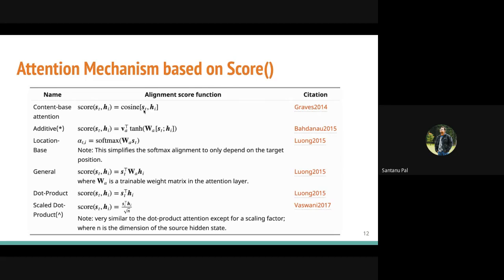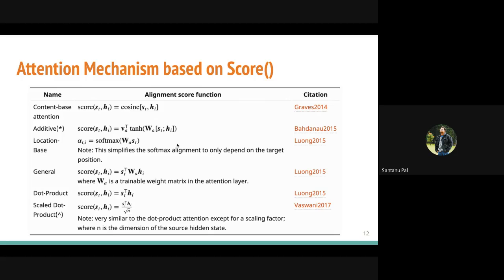So there is the source vector representation and the hidden state vector, and how much distance there is between the two vectors will provide some attention score. Now this function was modified by Bahdanau, and it was very successful.